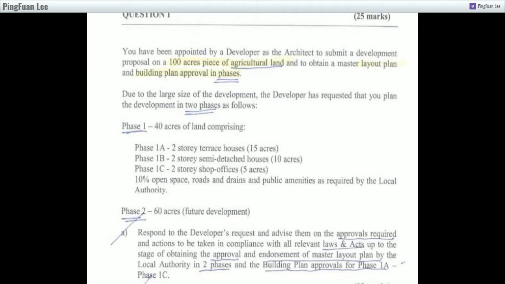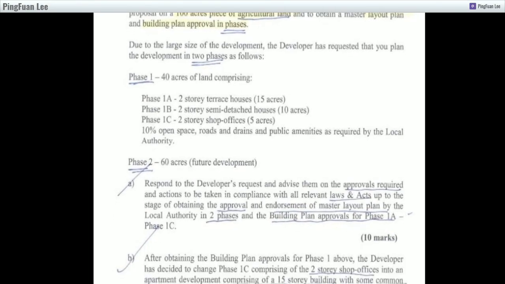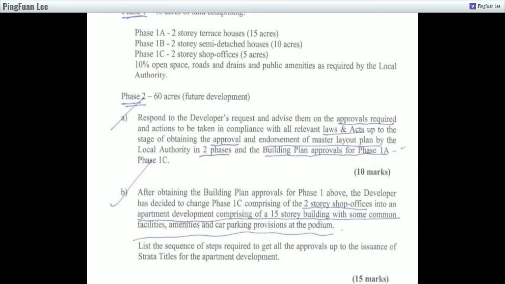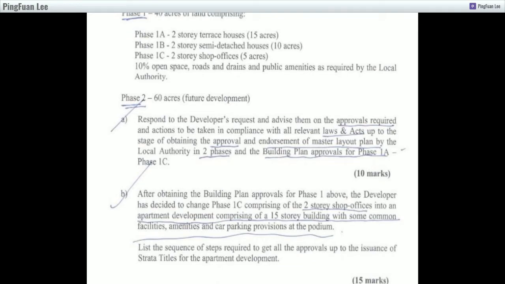Last phase of development requested you plan in 2 phases, 40 acre and then 60 acre future development. Respond to requests and advisor approval required, and action to be taken in compliance with all relevant laws and acts up to the stage of obtaining the approval and endorsement of master layout plan by local authority in 2 phases, and the building plan approval for phase 1A and also phase 1C.